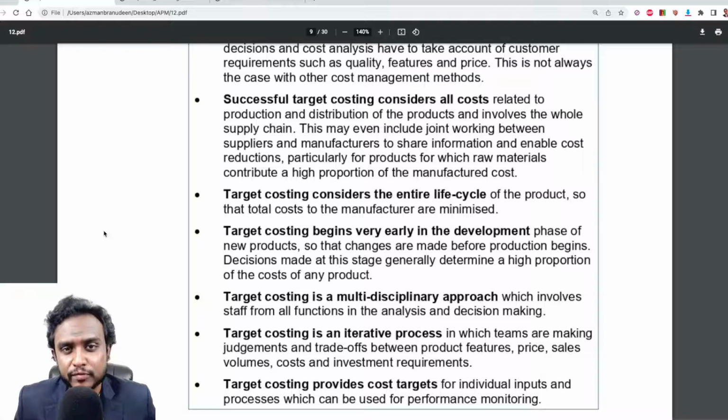You keep on improving, you keep on changing, you keep on revisiting, and target costing provides cost targets for individual components and individual inputs as well. So if our $60 product is made up of, let's say, 4 components, we can break that $60 into target costs for each of the components and hand it over to the responsible parties, telling them, just try to achieve your respective target costs for each of the components, because the total will add up to the 60.